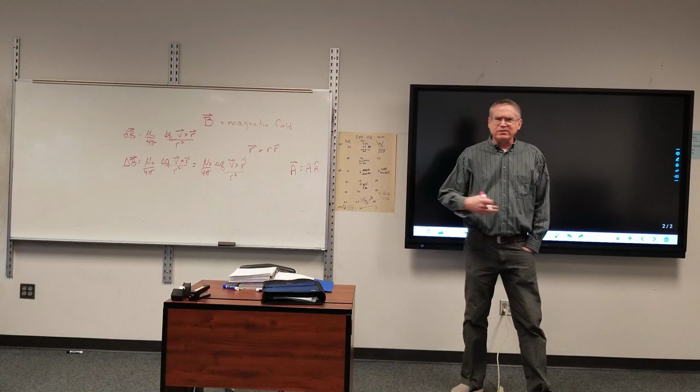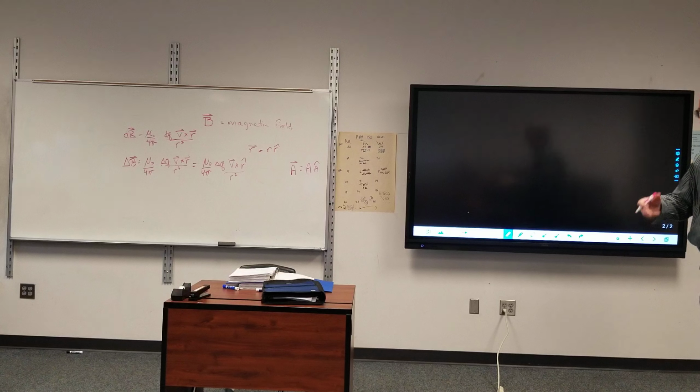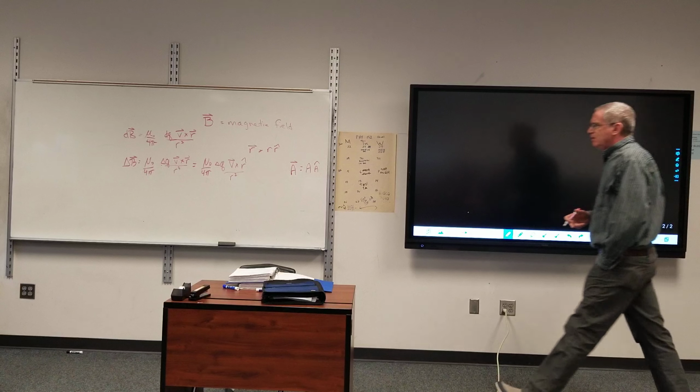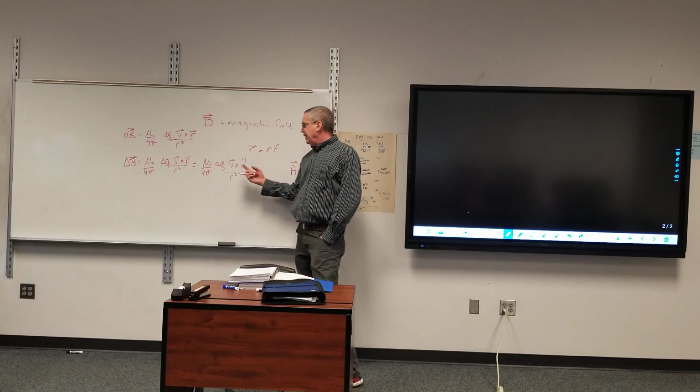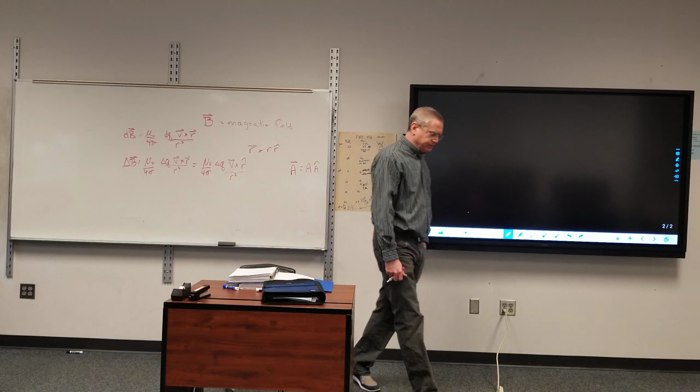One of the important things I want you to pull out of this is that the magnetic field B does depend upon a charge, that's the q, and it depends upon v, the velocity.